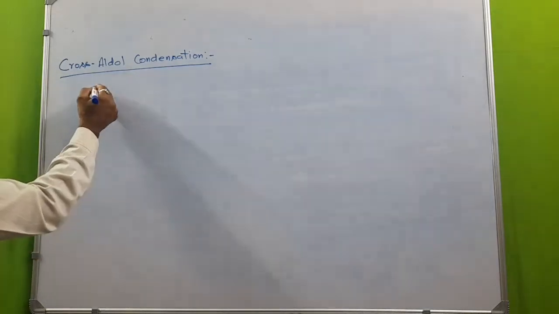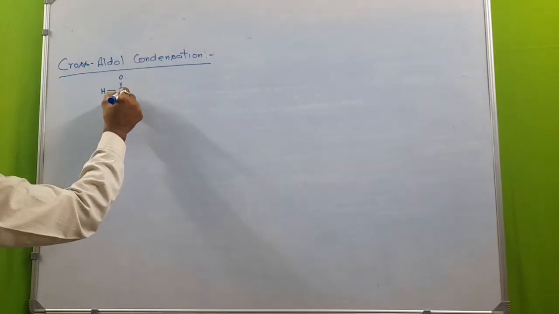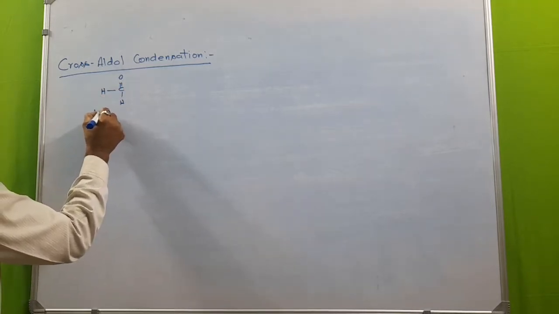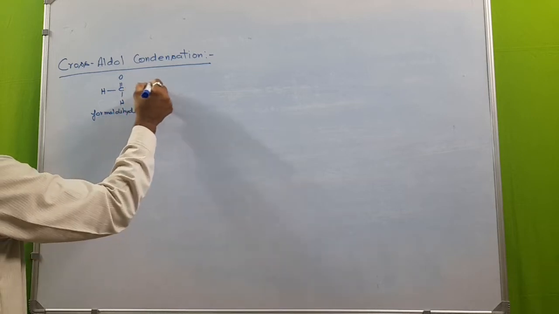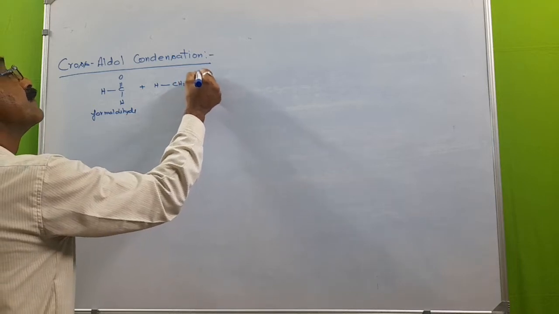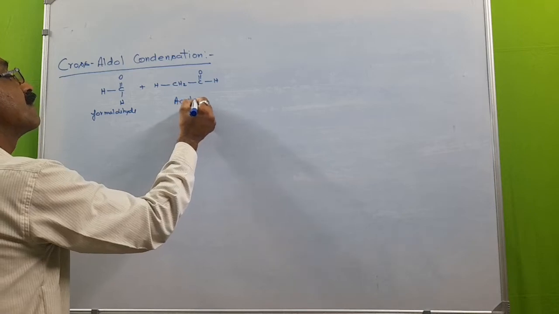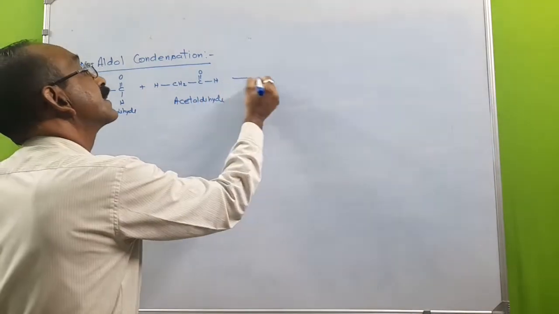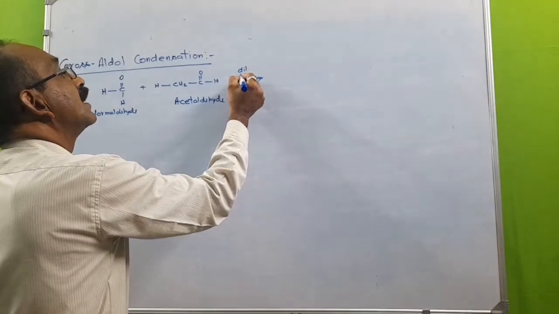Let one molecule be an aldehyde, formaldehyde, and the other molecule be acetaldehyde, and it is treated with dilute alkali.